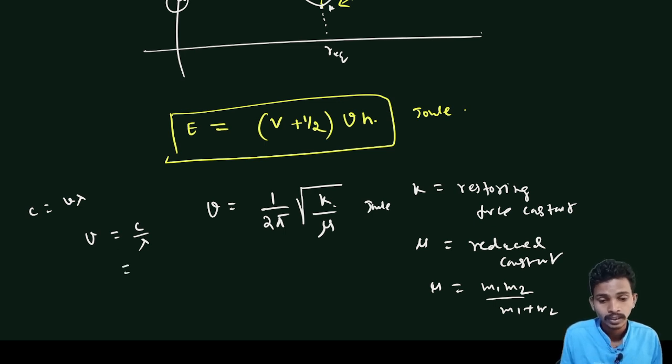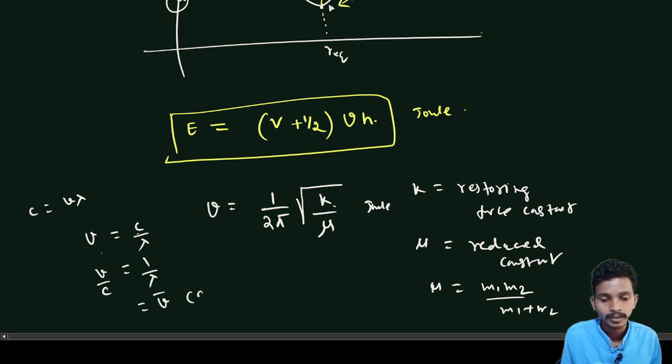So what you do is divide this, then get this value, and this value is actually what? Wave number, and wave number is always in centimeter inverse. So if you want centimeter inverse, then what will I have to do? I have to divide by C. Here also I will divide by C.